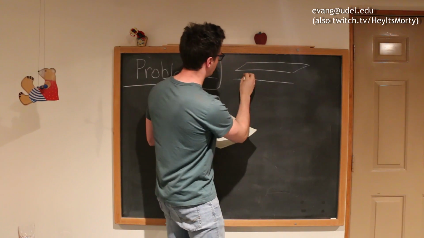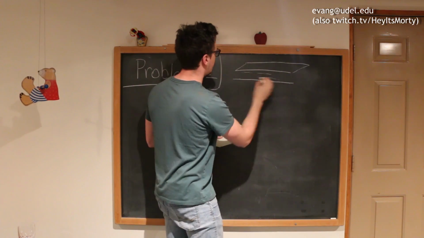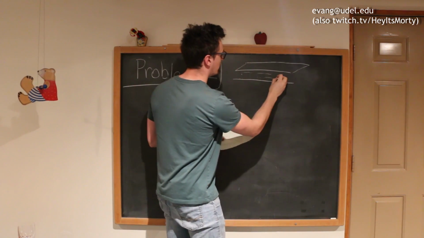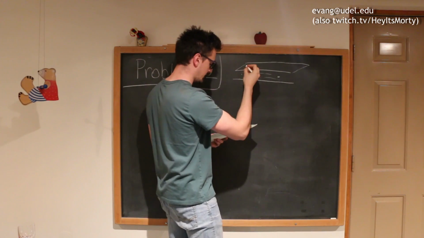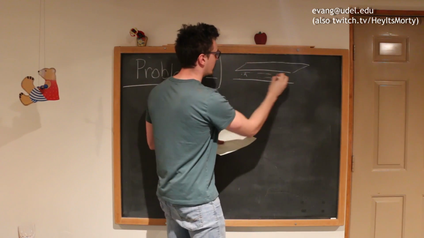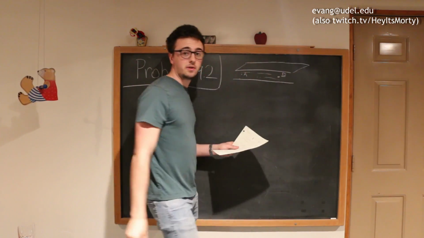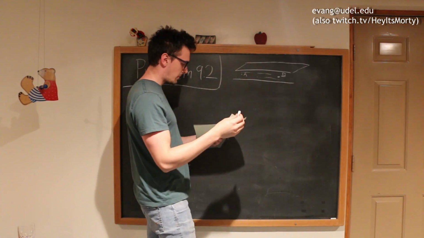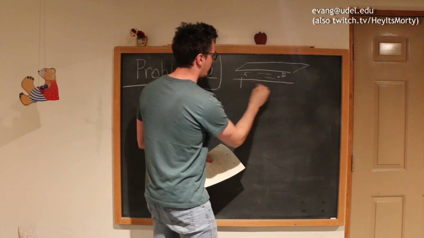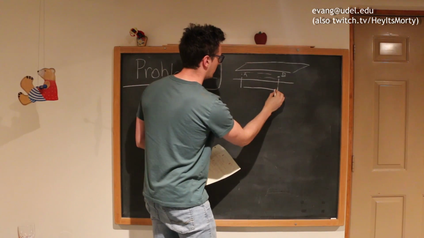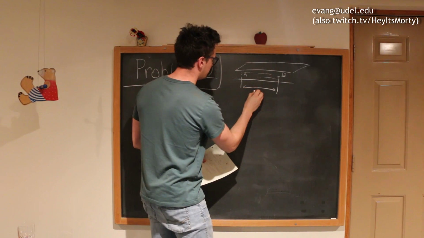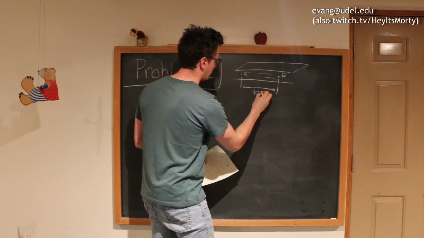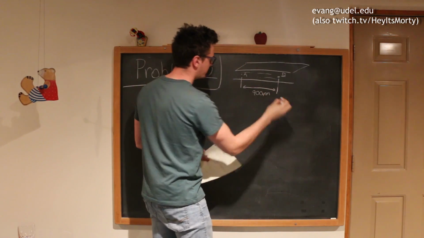We have water flowing through here, and we have point A and point B. The distance between point A and point B is 900 millimeters.